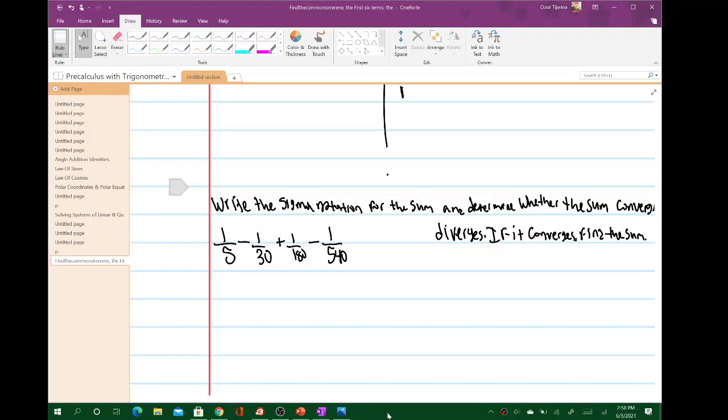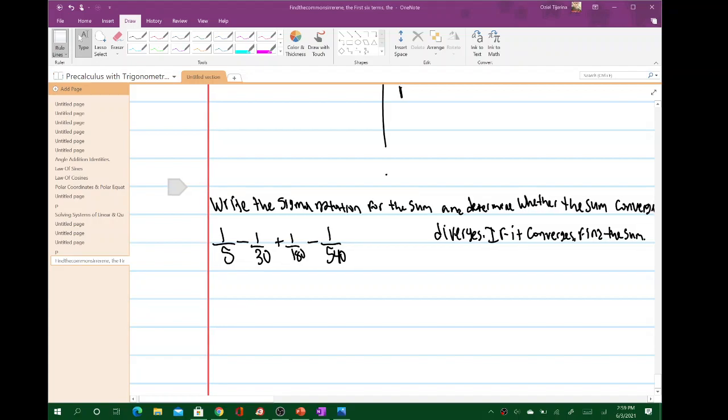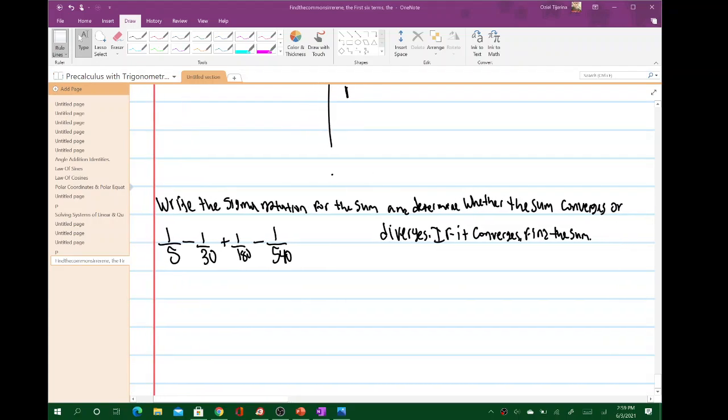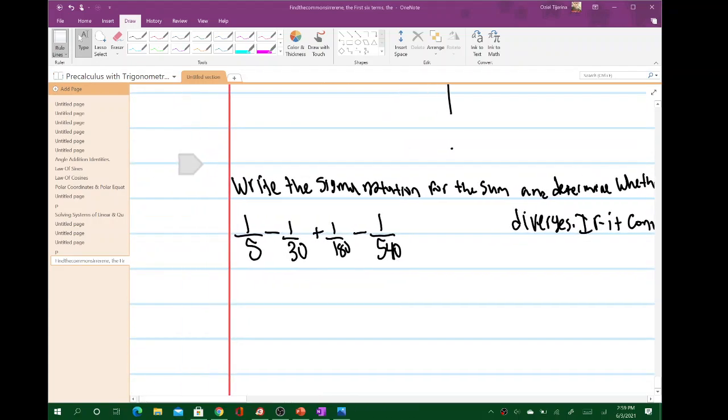Give me a second, guys. Okay, so this is a little bit of a long problem. So it says, write the sigma notation for the sum and determine whether the sum converges or diverges. If it converges, find the sum.